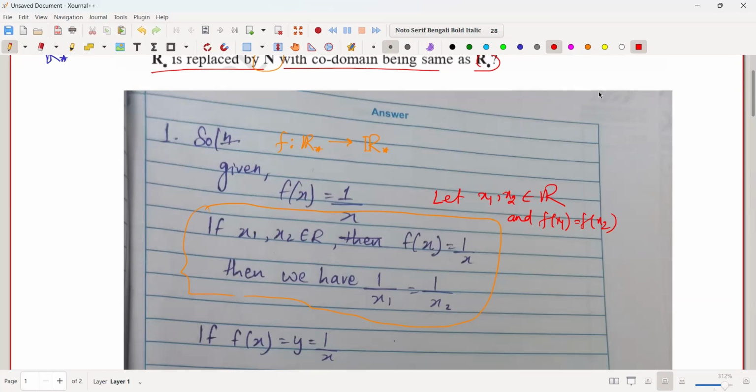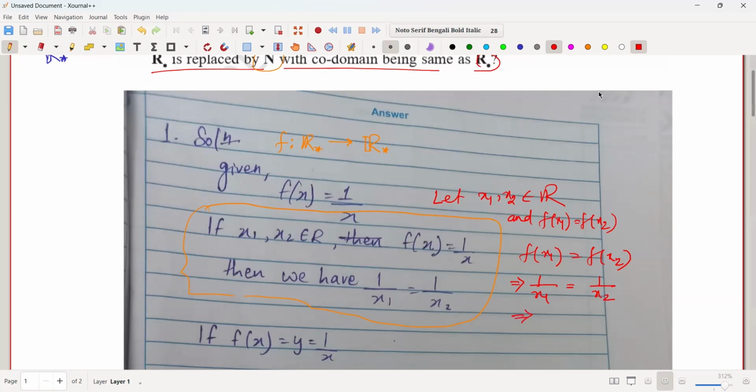Okay, so let then f(x1) equal to f(x2), that implies, what is f(x1)? f(x1) is 1 by x1 and f(x2) is 1 by x2.